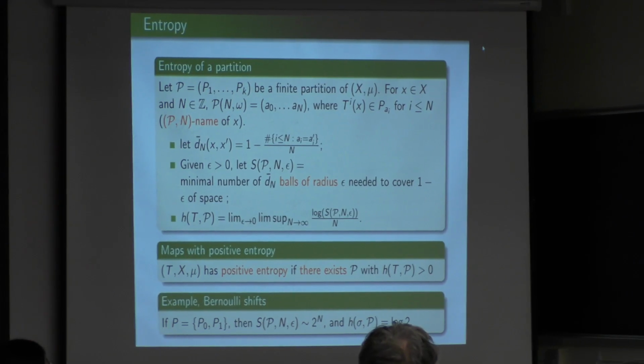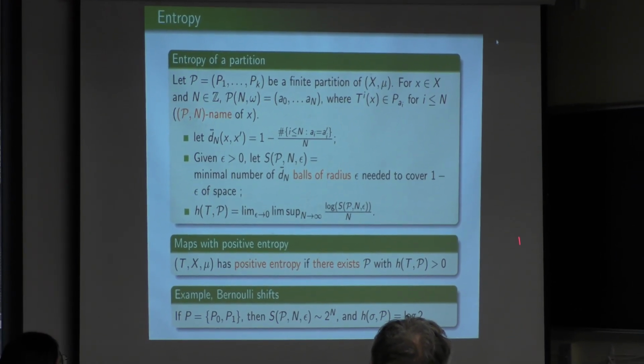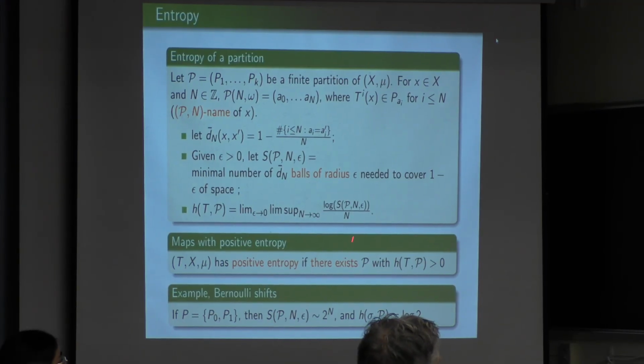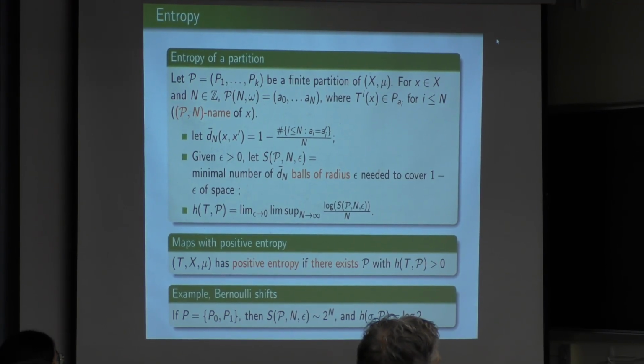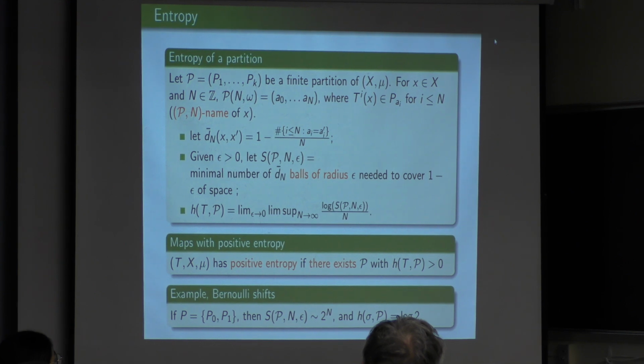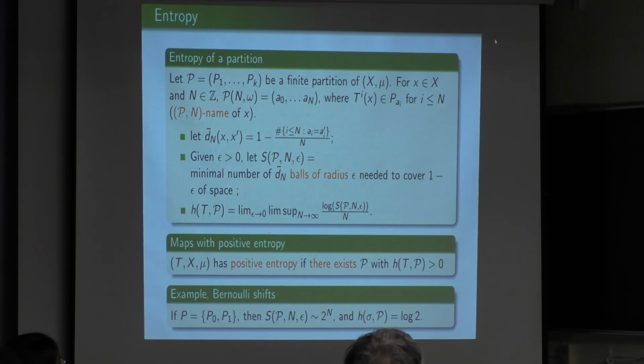You need to work a bit, because 2 to the n covers the whole space, but you show you don't do much better, like with this 1 minus epsilon, and then you take the log, you get n log 2, you divide by n, you get log 2. So with this definition, that's how you show that the entropy of the Bernoulli shift is log 2, and maybe, reversing the way, this is a way to say that Bernoulli shifts are chaotic. So whenever you see entropy, you should see some chaoticity in the system, some exponential separation.